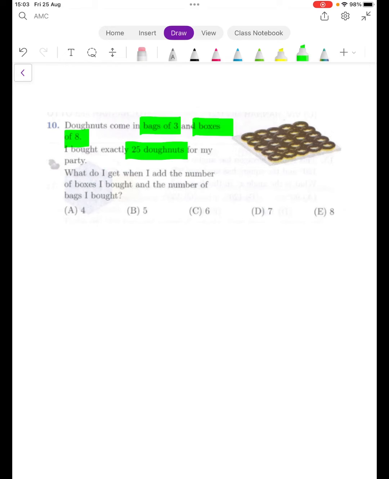Before I can find out an answer, I need to work out how many bags and how many boxes we bought to get exactly 25 donuts. And we will see that there will not be many options possible. There will be only one option that can work out to exactly 25 donuts. Now let me write here, bags and boxes.